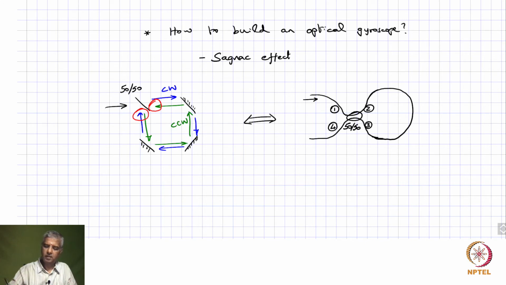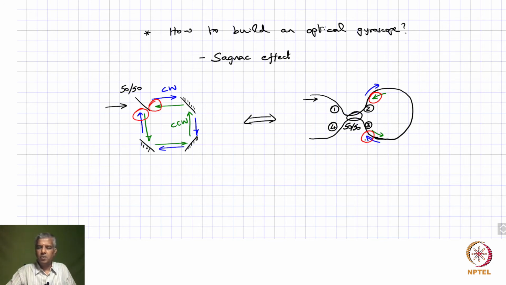So similar to what we are seeing over here in this bulk form, you have basically a clockwise propagating wave, right? And you also have a counterclockwise propagating wave which comes over here, and essentially we are looking at interference of these two components, okay?